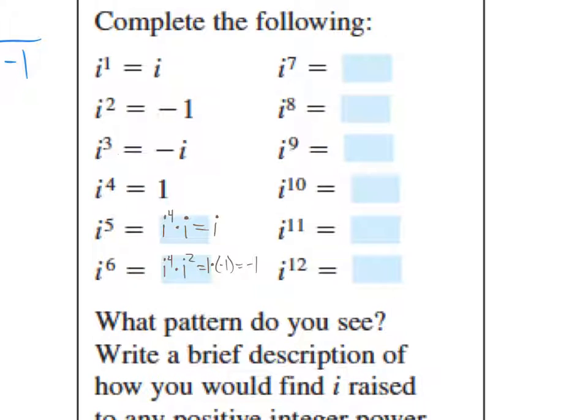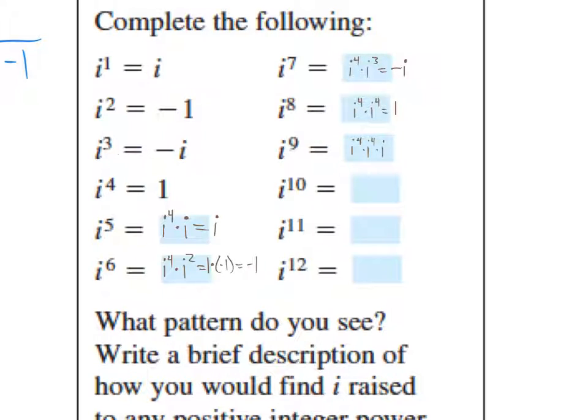If we keep going here, i to the 7th is i to the 4th times i cubed. That's 1 times i cubed, which is negative i. i to the 8th is i to the 4th times i to the 4th. Well, that's 1 times 1, which is 1. And we can keep going with this. i to the 9th is i to the 4th times i to the 4th times i.